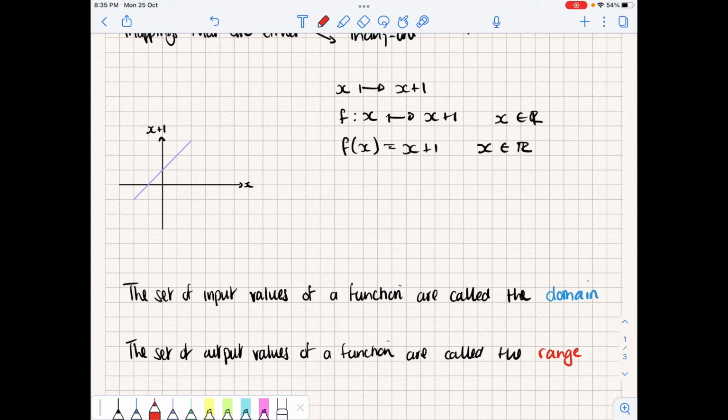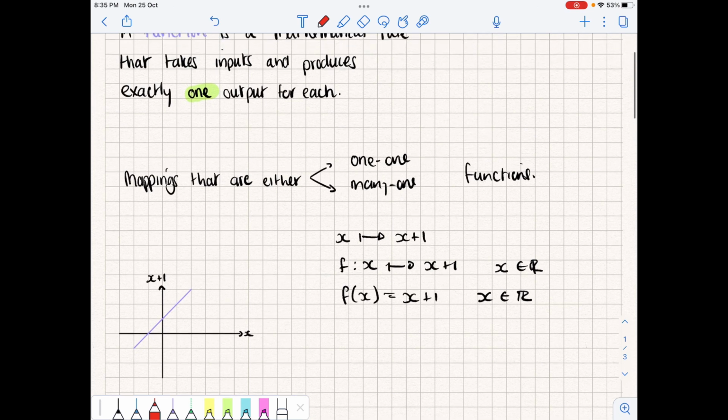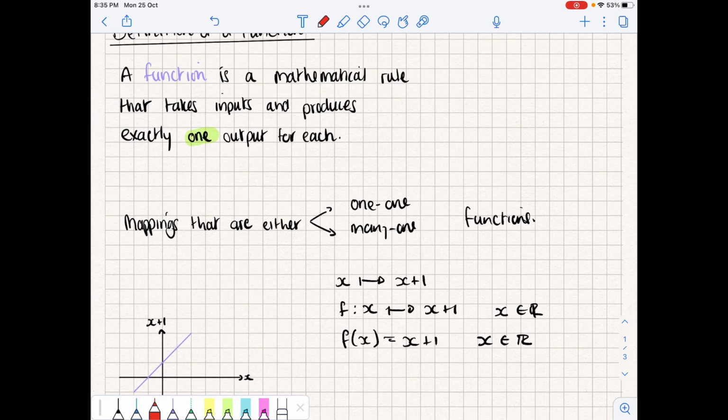Now, we will look at these two in more detail as we go through some examples, but it's very important to understand that the domain is obviously going to affect the range, right? Because the input in a function is considered the independent variable. Right, it's independent of what happens to the mathematical rule.